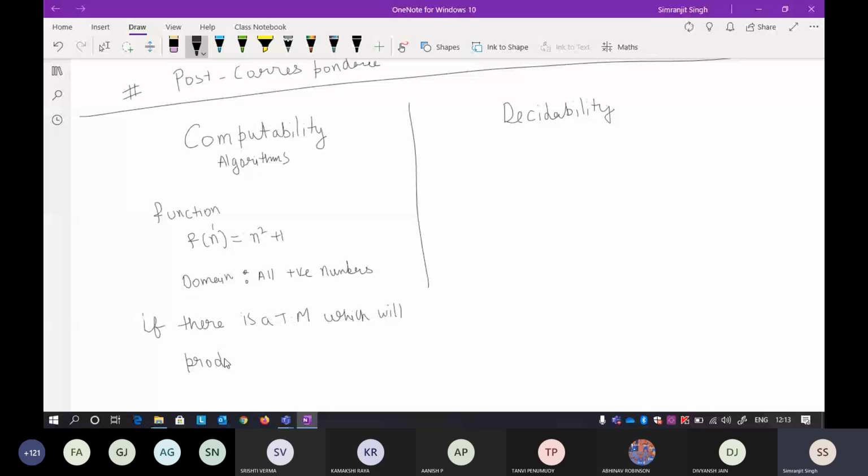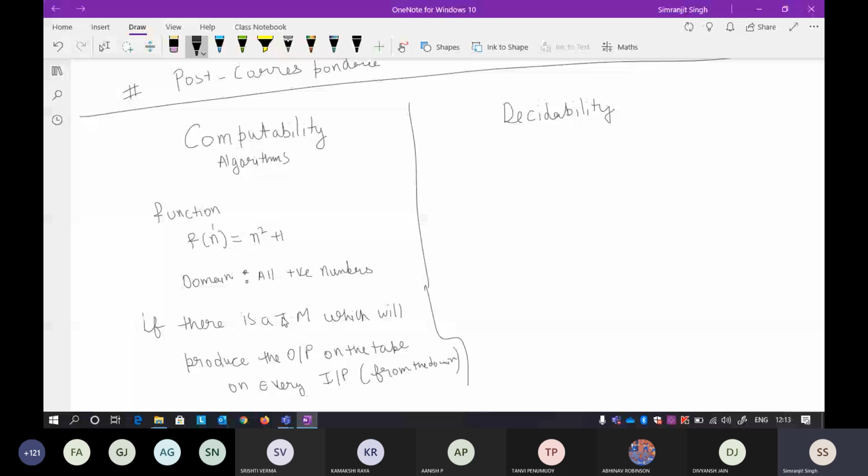If there is a Turing machine which will produce the output on a tape for every input, the input should be from the domain. Keep in mind the input should be from the domain, and I'm only talking about a halting Turing machine.